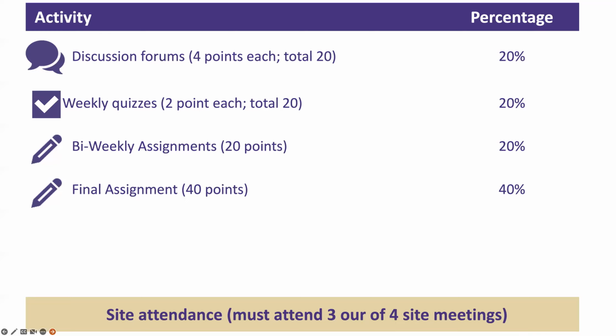If your site offers additional meetings, we encourage you to attend as many as you are able to. As always, please defer to your site coordinator for details about the participation expectation at your site. If you are not enrolled in this course as part of a site group, then this attendance does not apply to you.